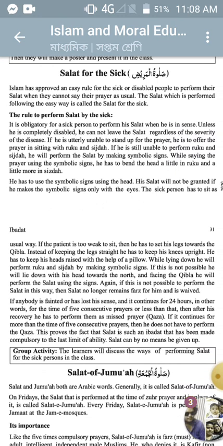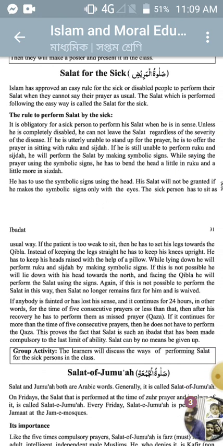Okay, it is obligatory for a sick person to perform his salat when he is in sense. Unless he is completely disabled, he cannot leave the salat regardless of the severity of the disease.